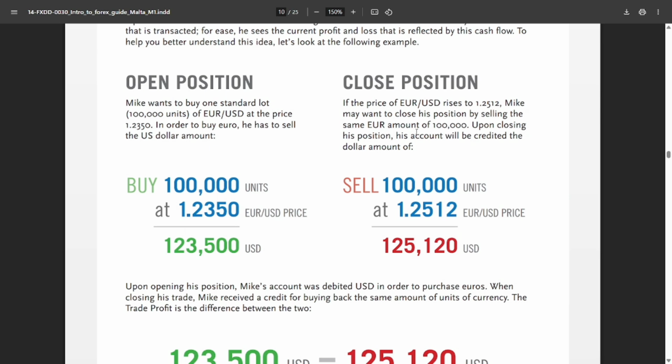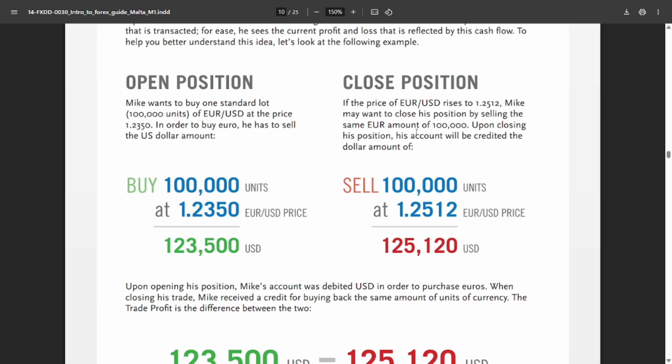And now, if we want to talk about the closed position, if the price of EUR/USD rises to 1.2512, Mike may want to close the position by selling the same euro amount. How much was that? That was 100,000.